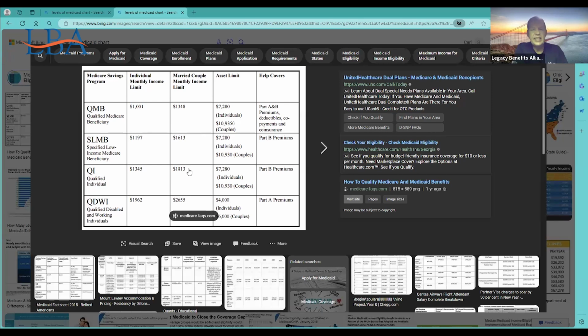But it is income based. You could probably find it if you Google it online what the current year's rates are. And it'll be broken down very similar to this. It'll be like individual monthly income or couple, but there'll also be asset limits of what they can have.